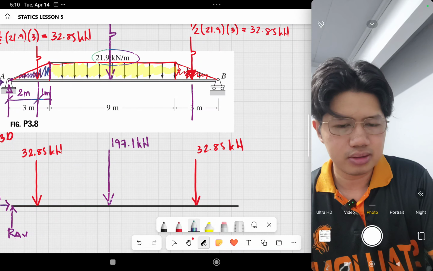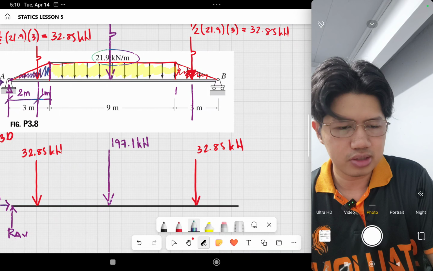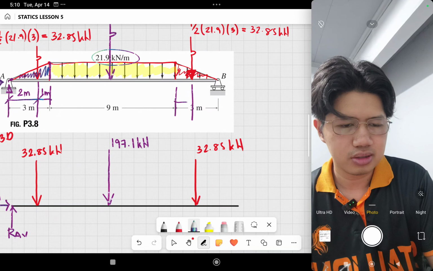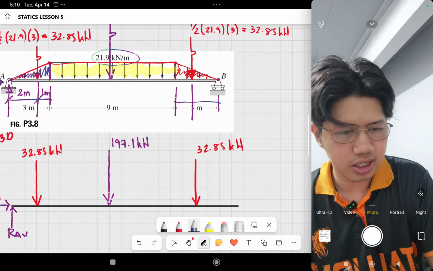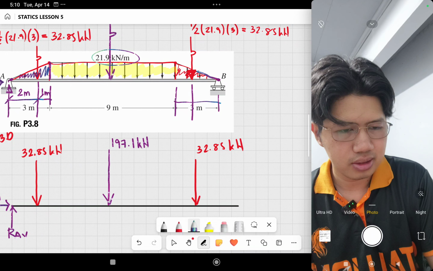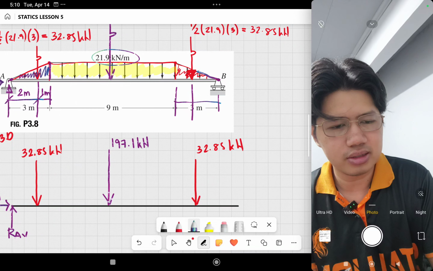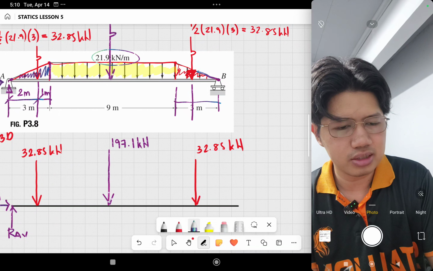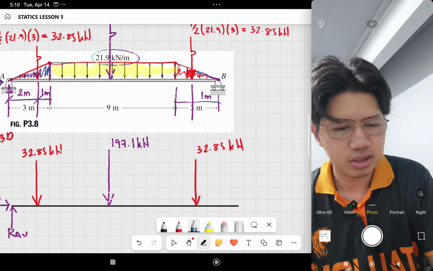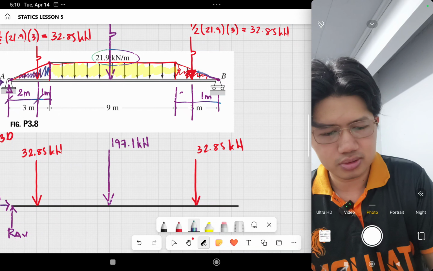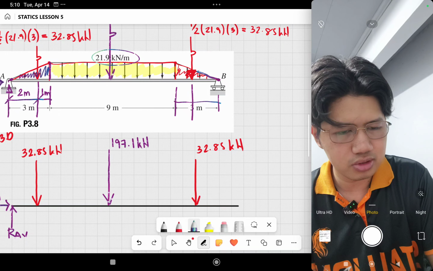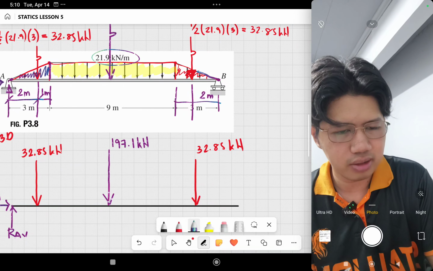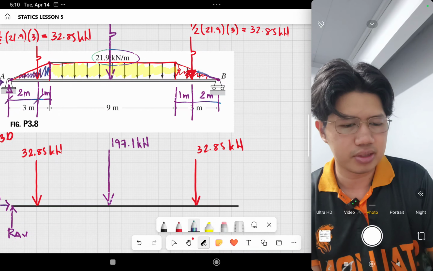Ito naman, ganun din siya. Since equivalent lang naman yung length nila. So, again, yung 2/3 manggagaling dun sa lowest point ng triangle. So, 1/3 of 3 is 1 meter. And 2/3 of 3 is 2 meters, and 1/3 of 3 is 1 meter.